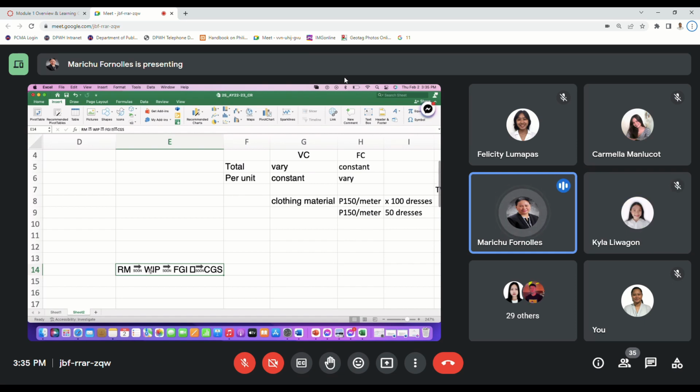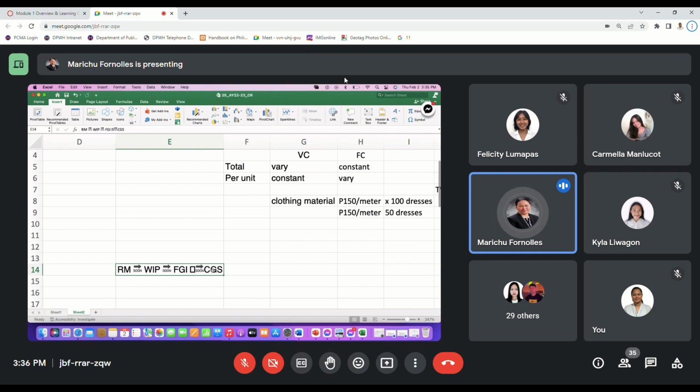So work in process represents the cost of the unfinished jobs: the costs of direct materials used, direct labor, and overhead applied to that job. Then soon the work in process, if completed, will be transferred out to finished goods inventory. And finally, when the job is sold, it will be transferred out to cost of goods sold.